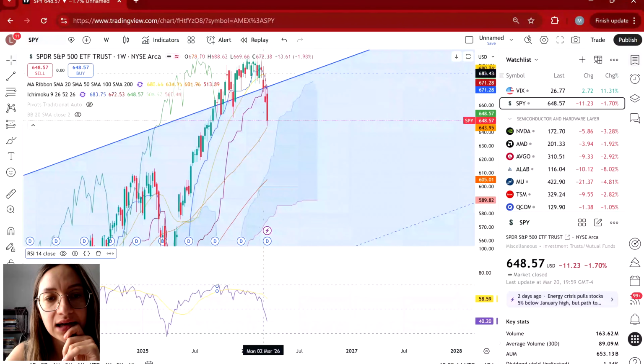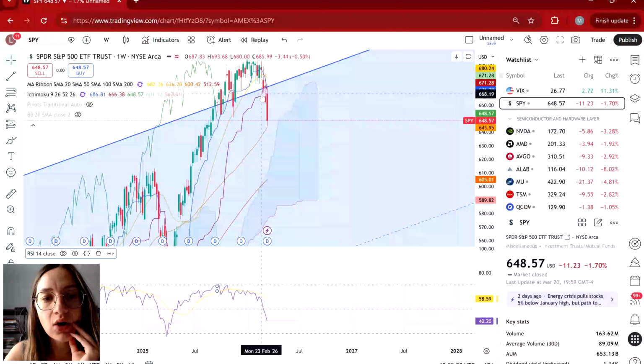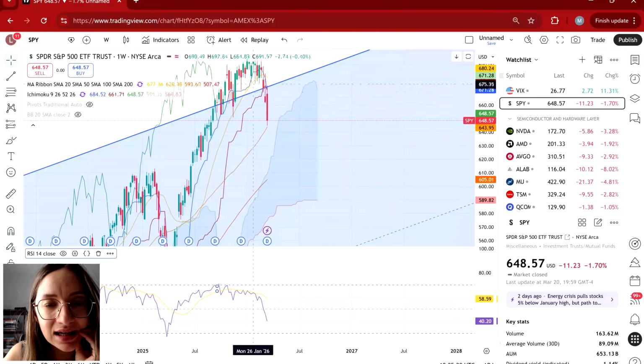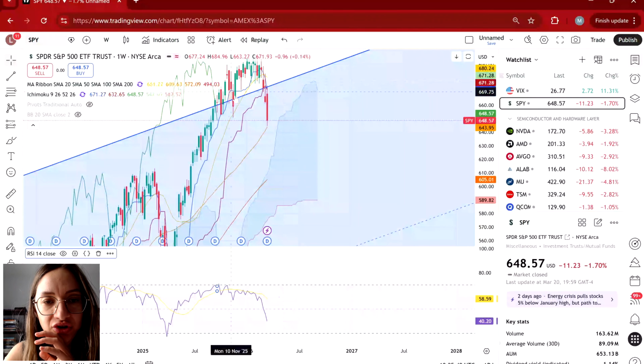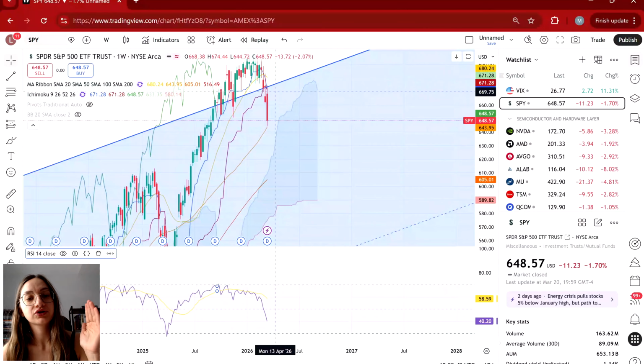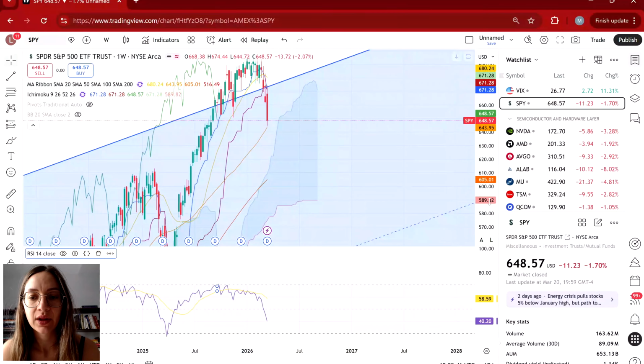If you see that, it's going downward and it's about to cross right here. It did not exactly, but it's basically threatening right now to cross the red line, which is our first major signal of a long-term trend shift.